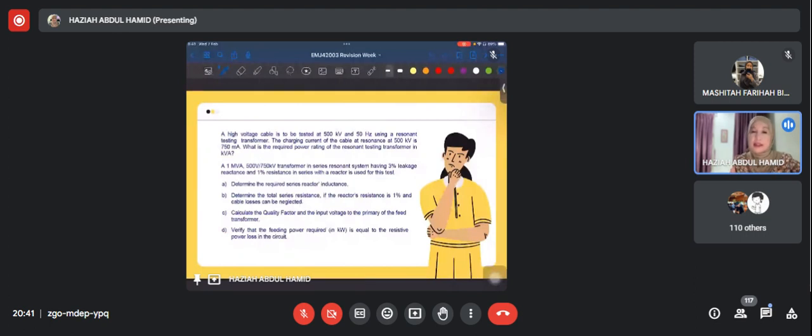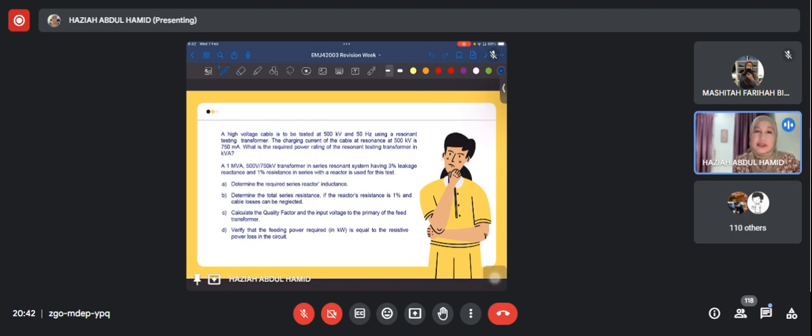Testing transformer, resonant, and the third one where we can produce high AC voltage with high frequency as well. This method uses Tesla coil. Right, so these three methods basically we covered for AC generation.